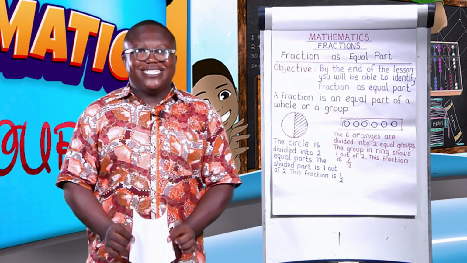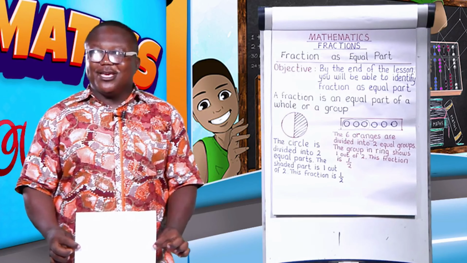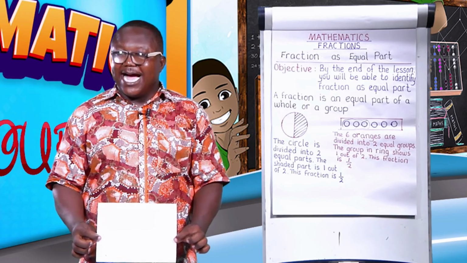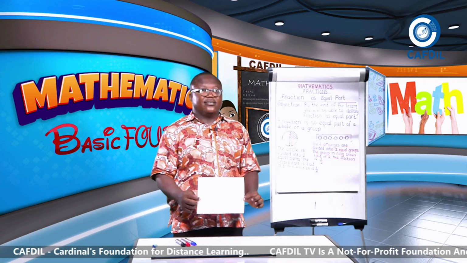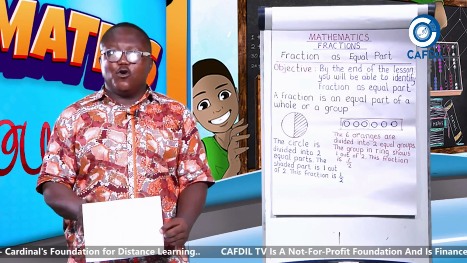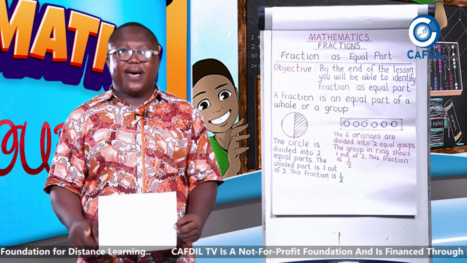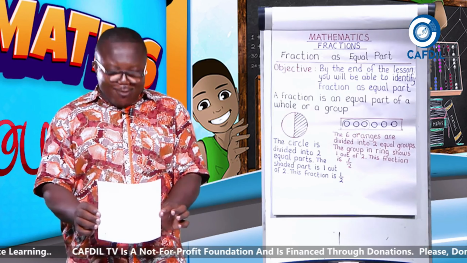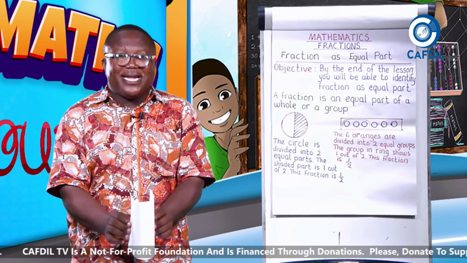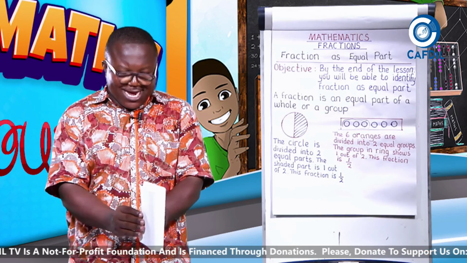Before we come to today's lesson, now you can see I hold those sheets. This is a full sheet of paper. Now I want to do something. I want to perform an activity here. Look at it.